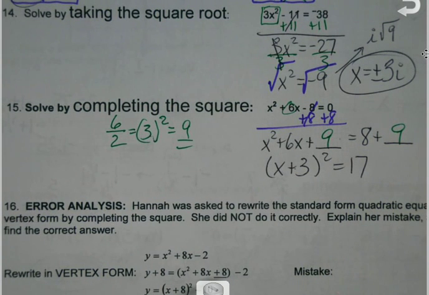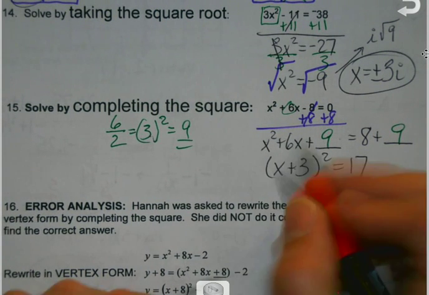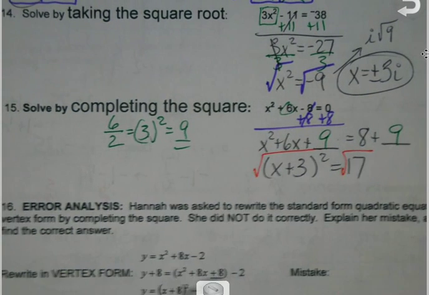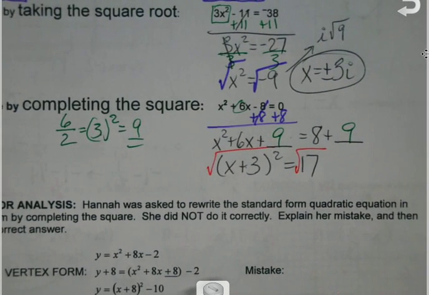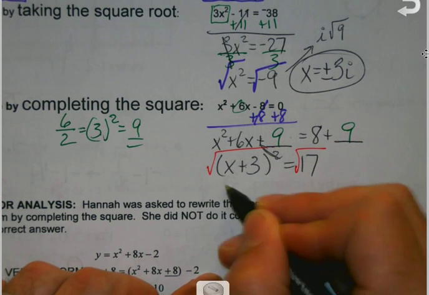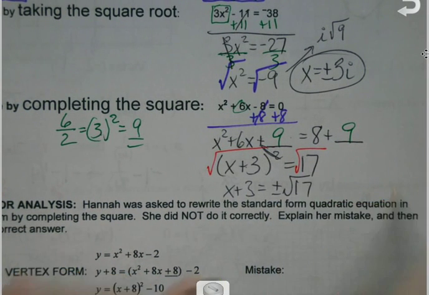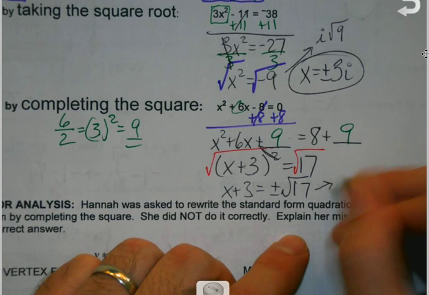Again, I can't distribute the squared. I don't want to FOIL it out. I want to work on getting to my x. Scooch over this way a little bit because we're going to have a room issue. 17 doesn't break down. That'll happen sometimes. But I still need to finish this. x isn't alone yet. So I'm going to minus the 3 over.